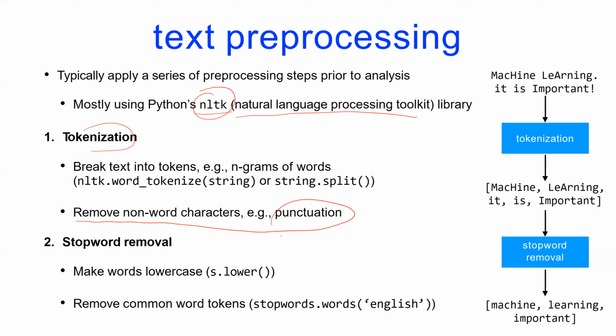And we will also try to unify the case. Typically, we make everything lowercase to make things a little bit simpler. And we also remove stop words, which are very common tokens. For example, if we are talking about unigrams, and we have a sentence like this, "Machine learning, it is important."